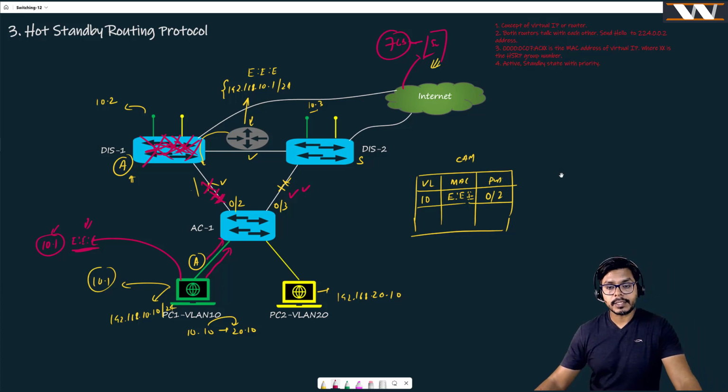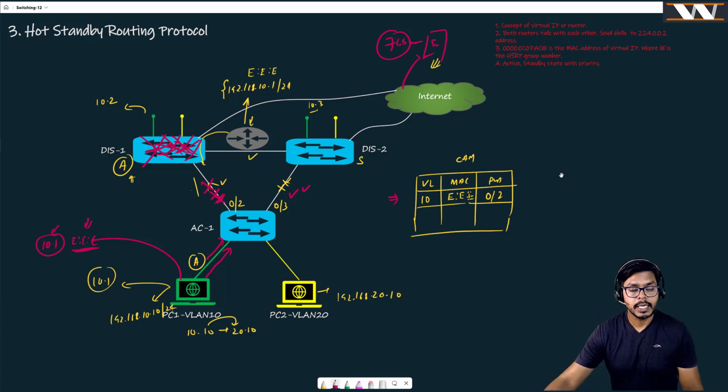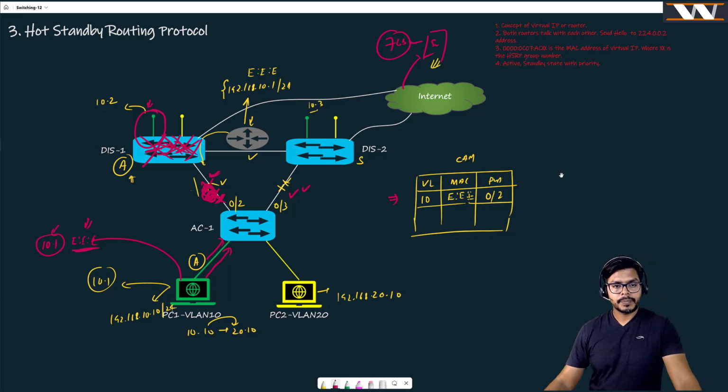My CAM table on switch 1 is still pointing towards the 0/2 interface, which is down now. Or maybe, extremely sorry for this, this VLAN interface is down and this interface is maybe up again.